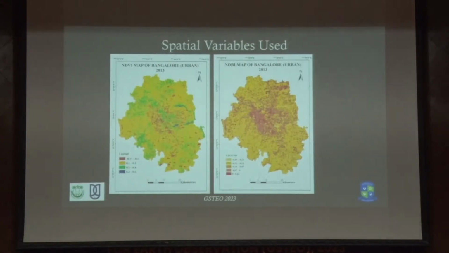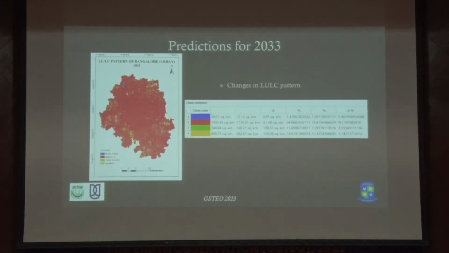For the forecasting part, we have used very vital land use and climate driving factors, NDVI and NDBI, which represent the vegetation and the built-up zone of Bangalore city in 2013. Here is the forecasting for 2033. Here you can see the complete city has been encroached with built-up area, and that is not all.